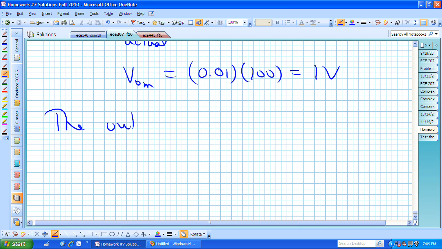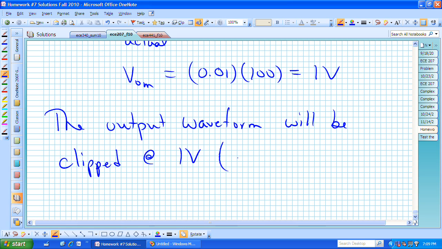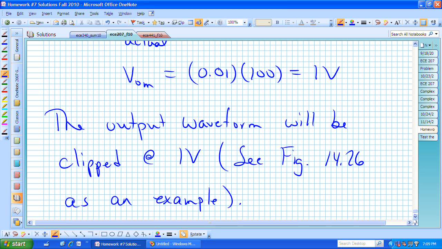So the output waveform will be clipped at 1 volt, and if you want to see what that looks like, you could look at figure 14.26. Obviously you're going to have a different magnitude, but this is just an example of what you might expect for clipping due to exceeding the maximum current.